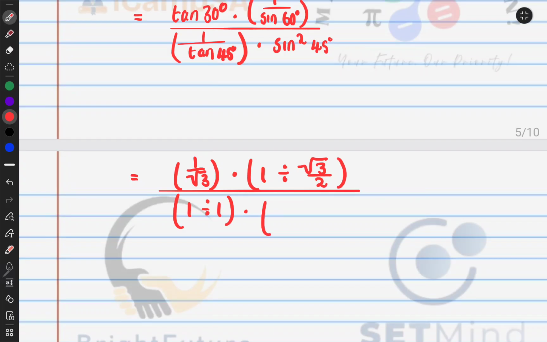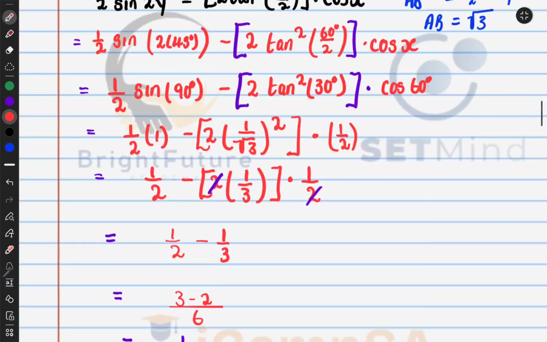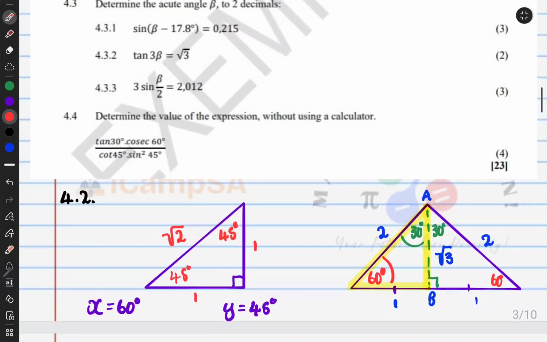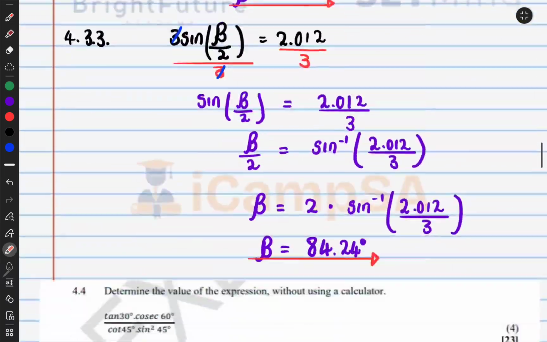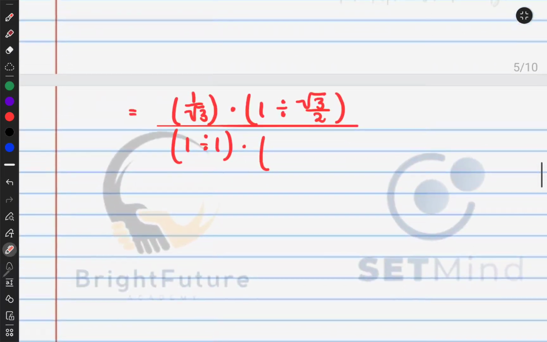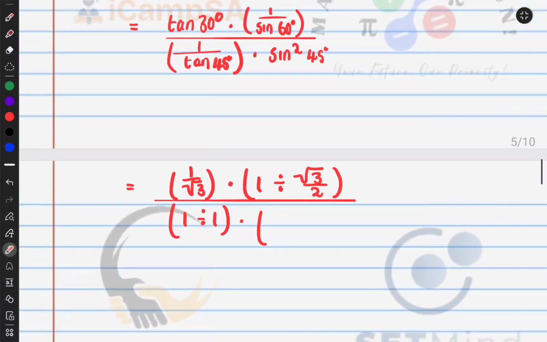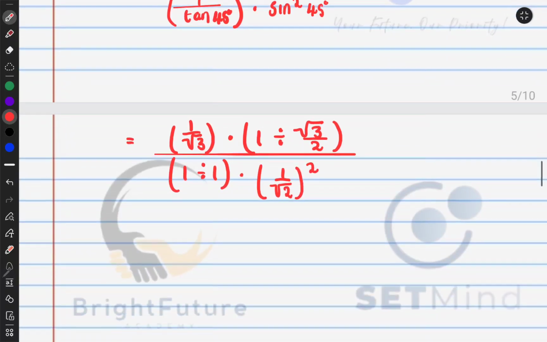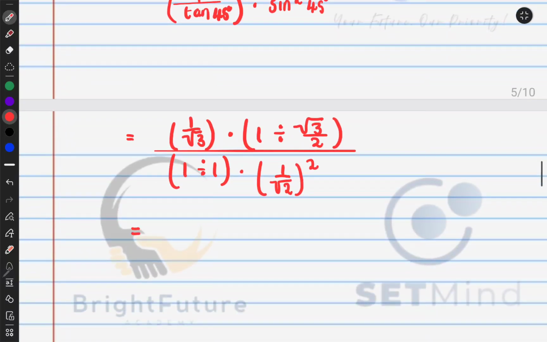So what is sine 45? It's opposite over hypotenuse, so it's 1 over root 2. Let's take this angle, the opposite side is 1 over root 2. So we're going to have 1 over root 2 squared.